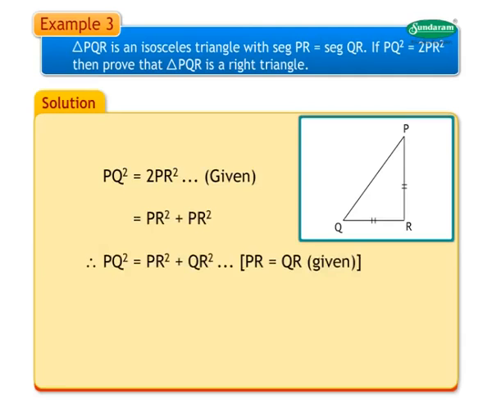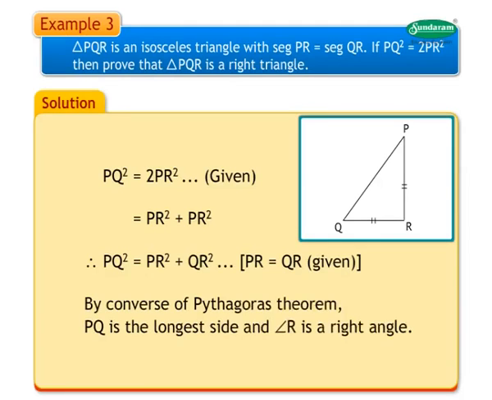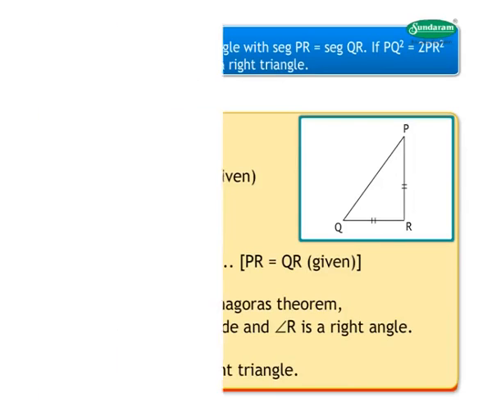Therefore, PQ square is equal to PR square plus QR square, as it is given that PR is equal to QR. By converse of Pythagoras theorem, PQ is the longest side and angle R is a right angle. Therefore, PQR is a right triangle.